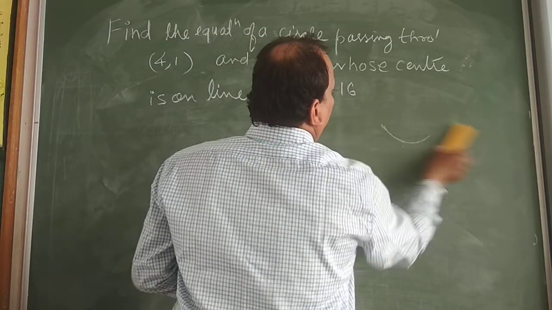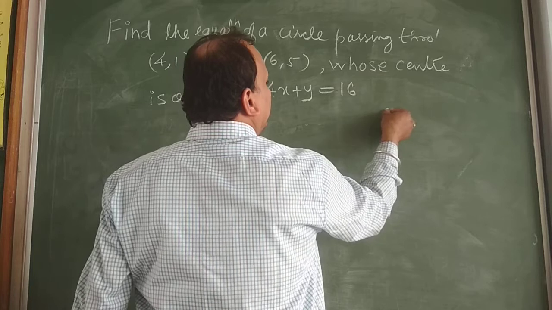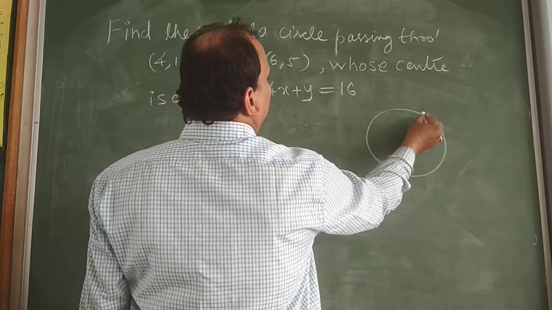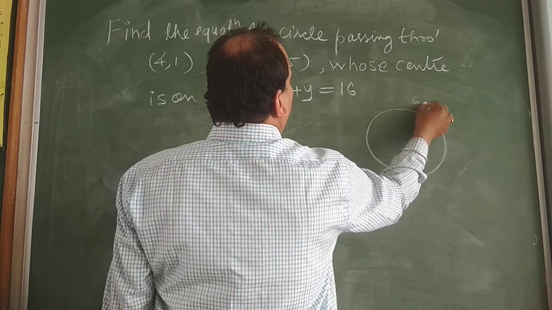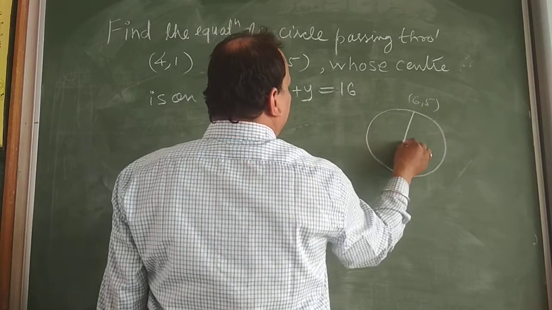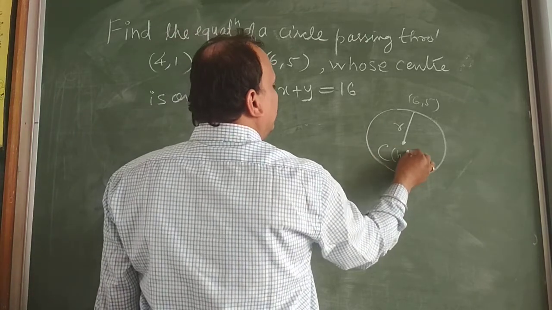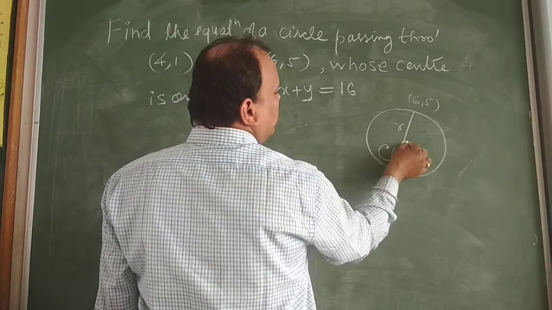So if we understand it this way, the circle is passing through 6, 5, so that we can have its radius. Center is what? h, k. We assume center C as h, k.